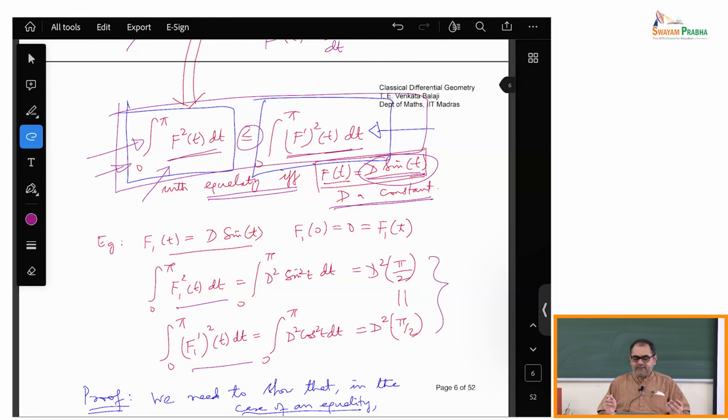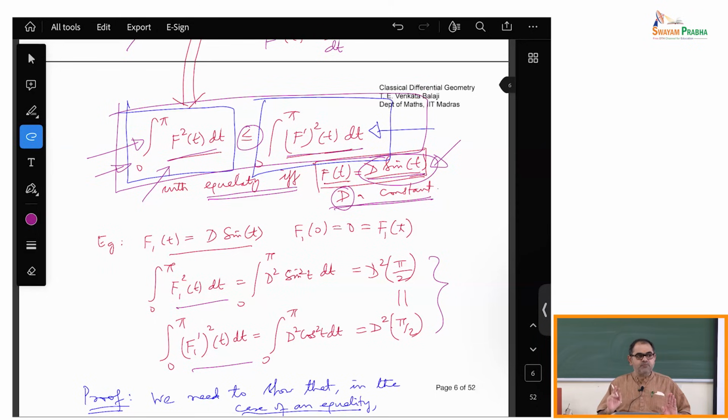But there are boundary conditions: the function has to vanish at 0, and it has to vanish at pi. Therefore the only variation you can get is a constant times the function. So you get only one constant here. That's the only degree of freedom that you get.